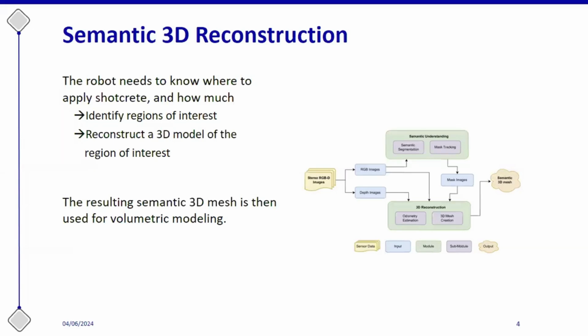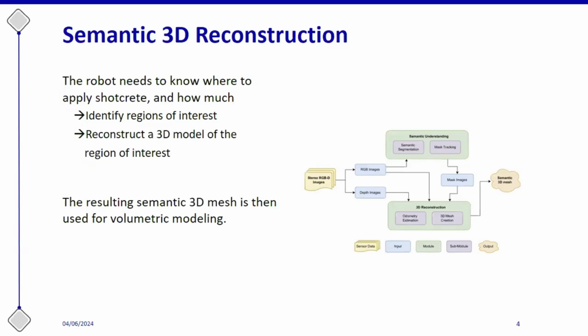After we have identified those regions of interest, we need to reconstruct a 3D model of the region of interest. The result is a semantically annotated 3D mesh that we can then use in a further step for volumetric modeling.